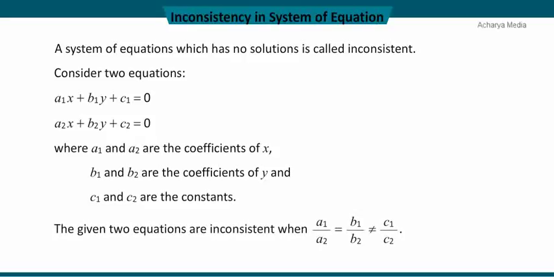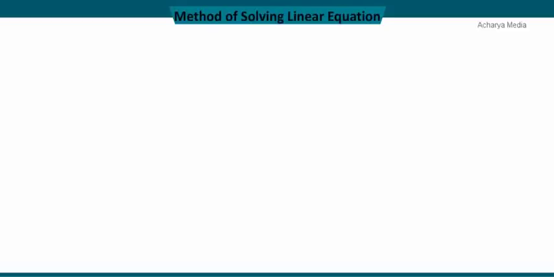The given two equations are inconsistent when a1 by a2 is equal to b1 by b2 is not equal to c1 by c2. Let us see the various methods involved in solving linear equations.